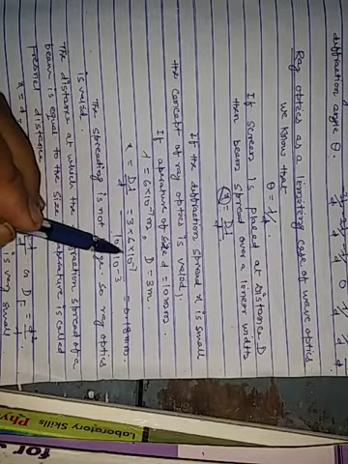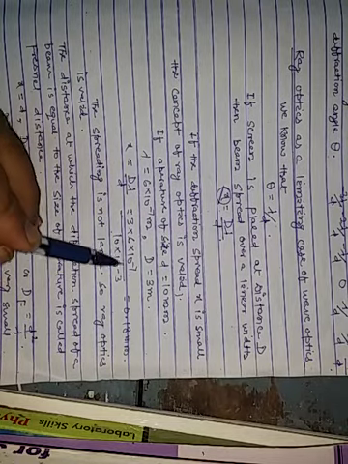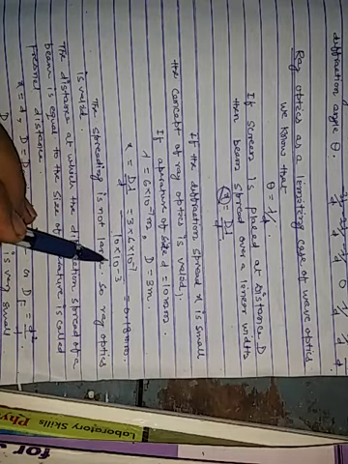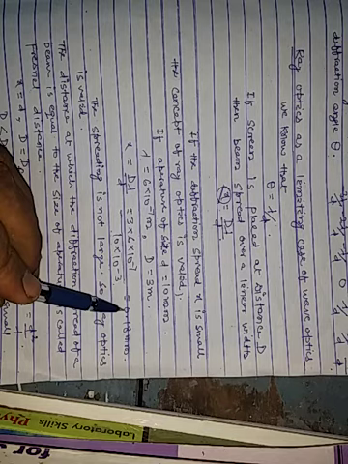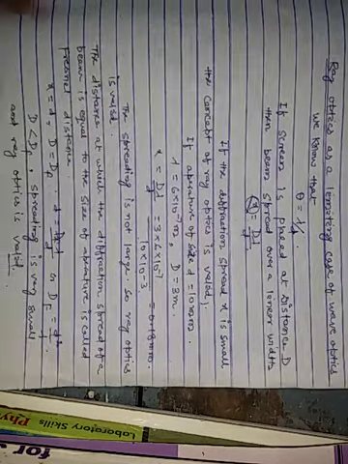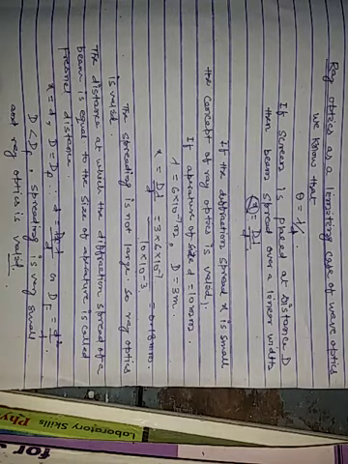Then the spreading is D lambda by d, which is 3 into 6 into 10 to the power minus 7 divided by 10 into 10 to the power minus 3, and the result becomes 0.18 millimeter. Now the spreading is not large, so ray optics is valid. In examination we conclude at that part and end it.